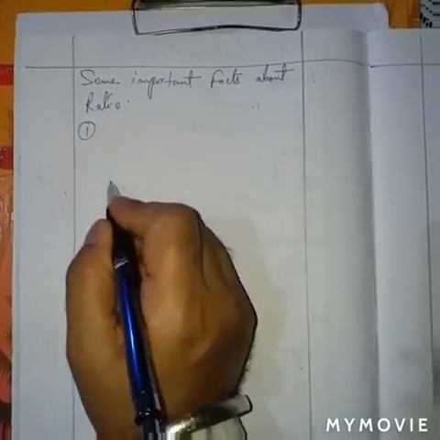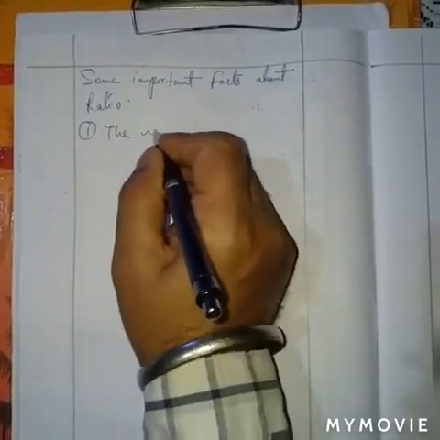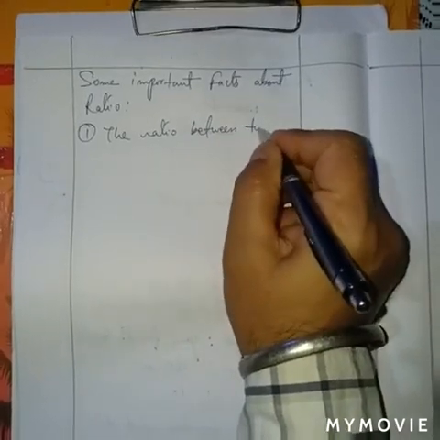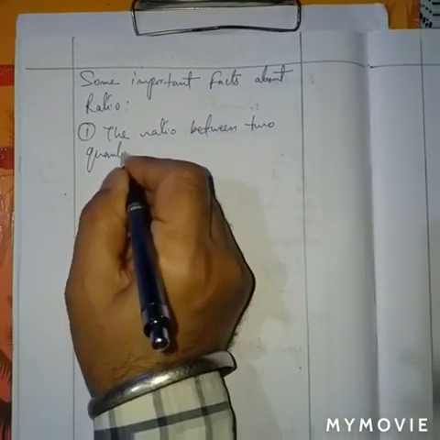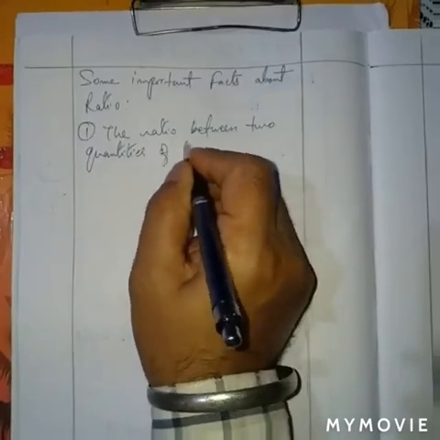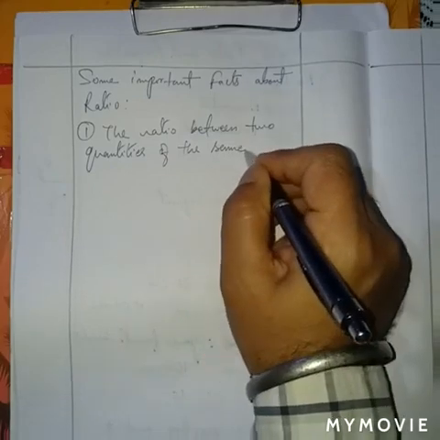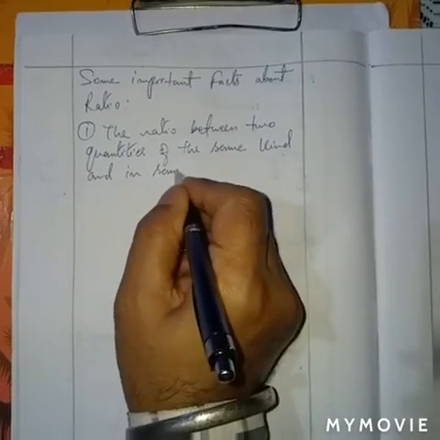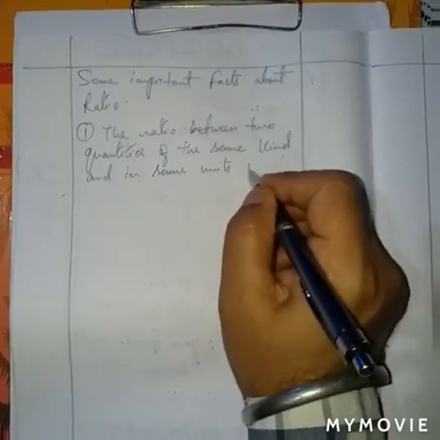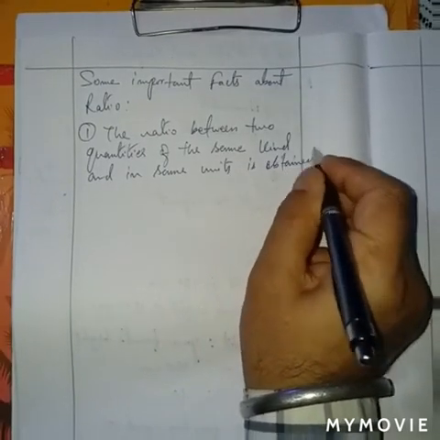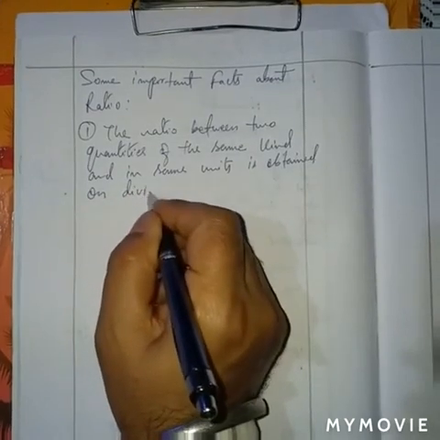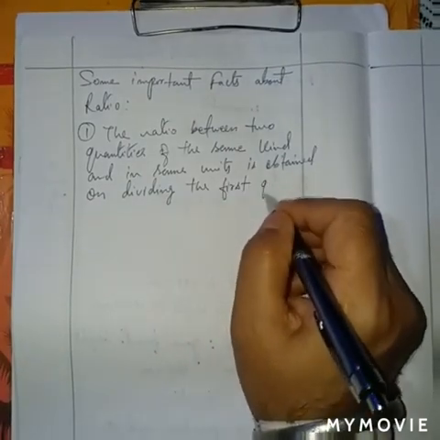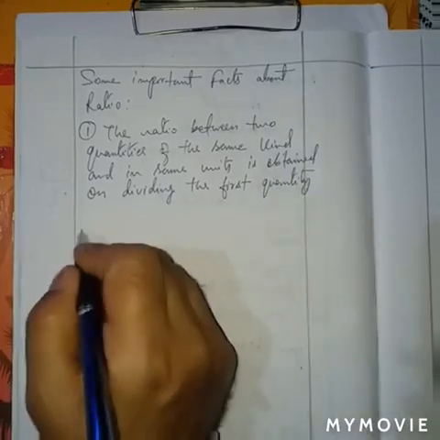Number one, the ratio between two quantities of the same kind and in the same units is obtained on dividing the first quantity by the second.